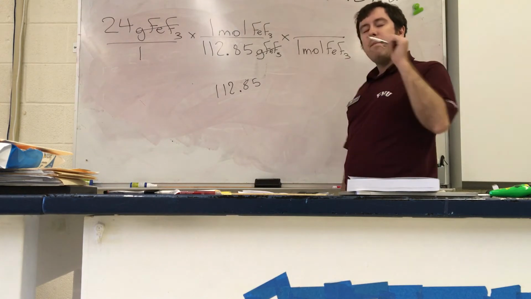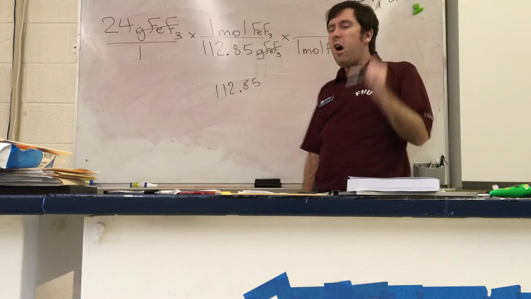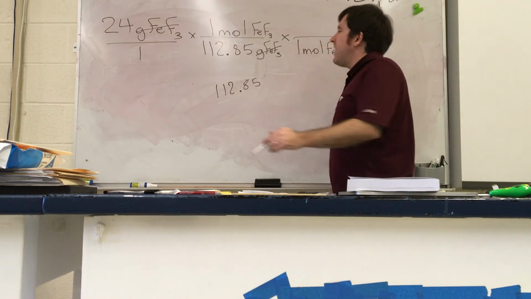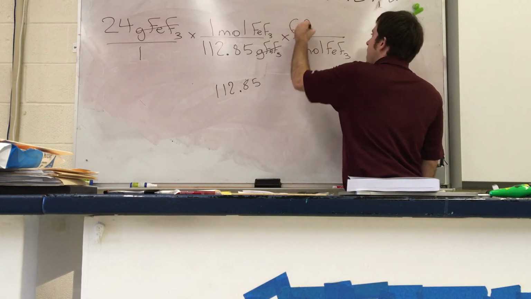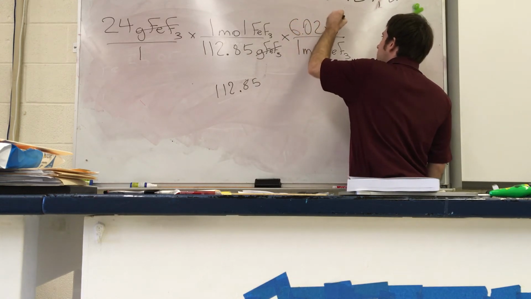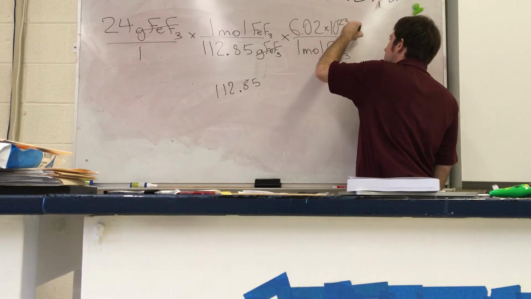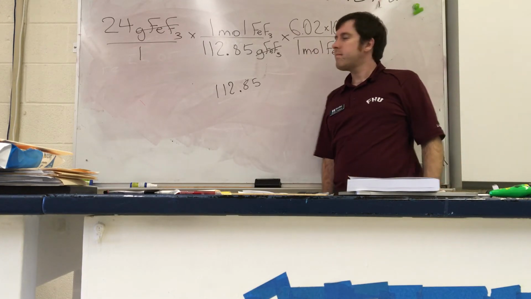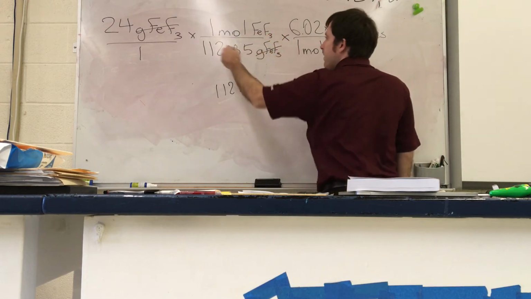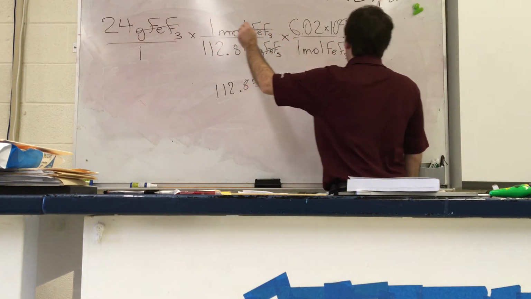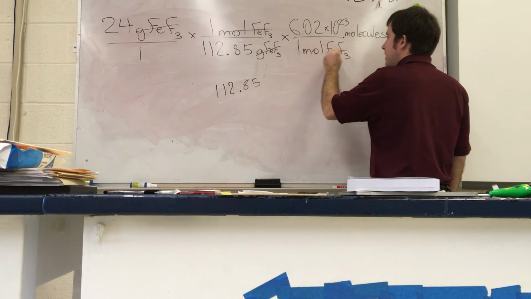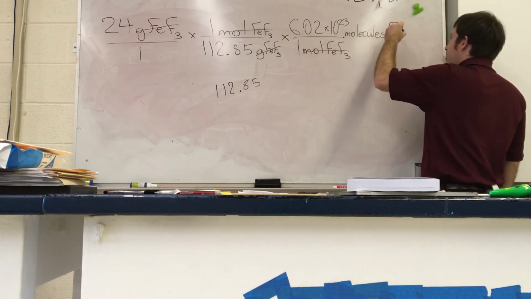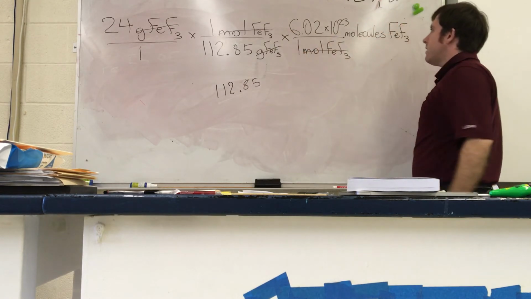The number of molecules in a mole is always 6.02 times 10 to the 23rd molecules. All right. Now here, just like we did over there, the moles of iron fluoride cancel, with this iron fluoride one. I forgot to write that a second ago.